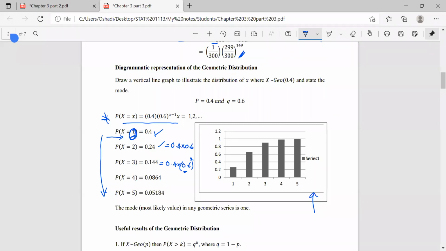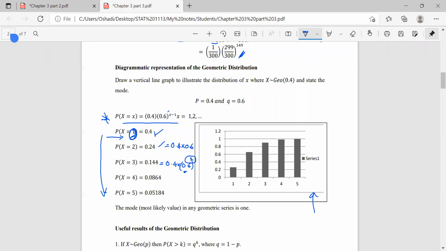So in the geometric distribution, the maximum probability always occurs when the first success occurs in the first trial, X equals 1. Why? When x is increasing, the x minus 1 value is also increasing.